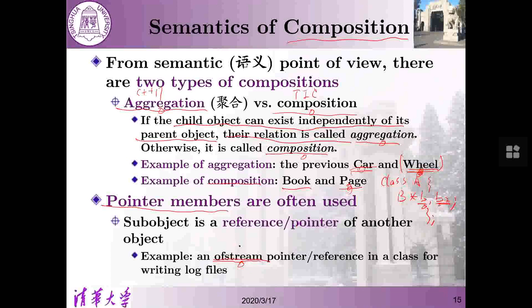Typically, we use an ofstream pointer or ofstream reference, because if we have an ofstream member object, how do we initialize this object? We need to copy, but the copy constructor is disabled, so there's no way to do that. So we have to use an ofstream pointer or reference in another class if we want to write some logs.